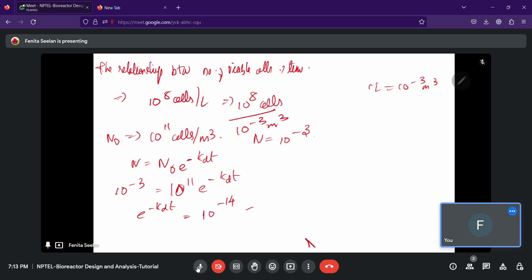To remove the e, you take ln on both sides. So minus Kd t is equal to minus 32.24, so your Kd t is equal to 32.24.